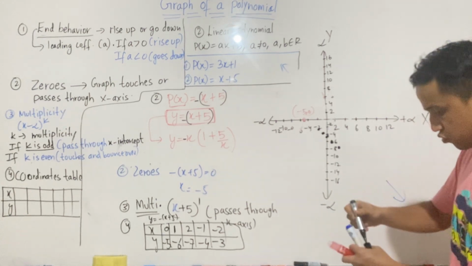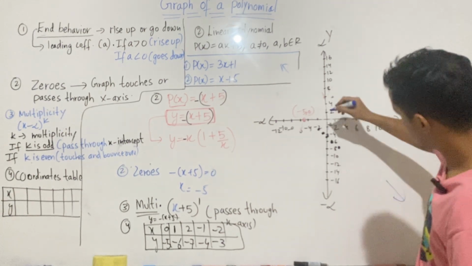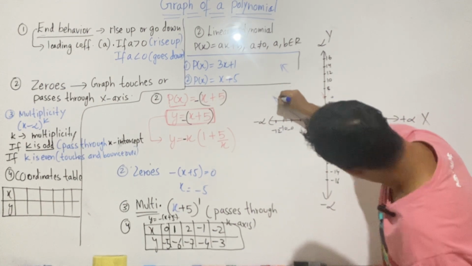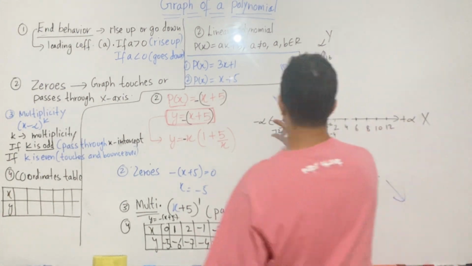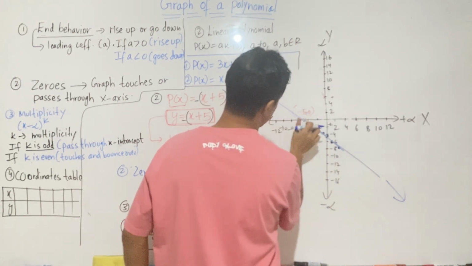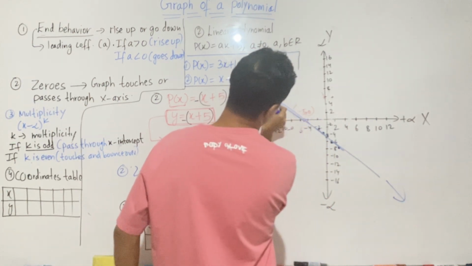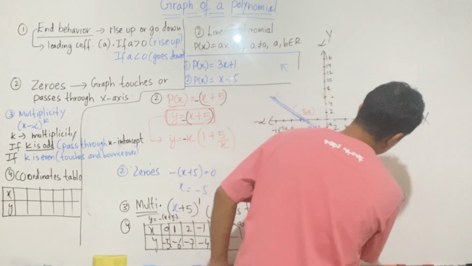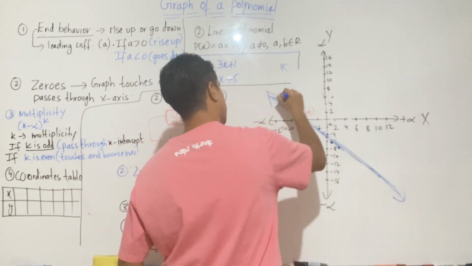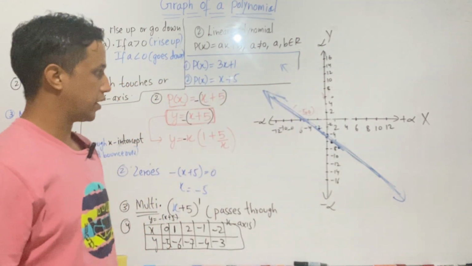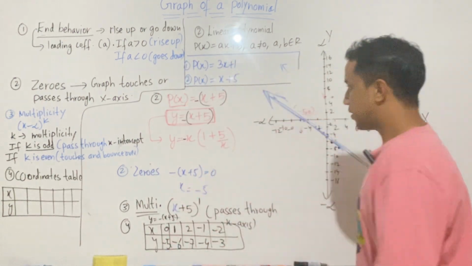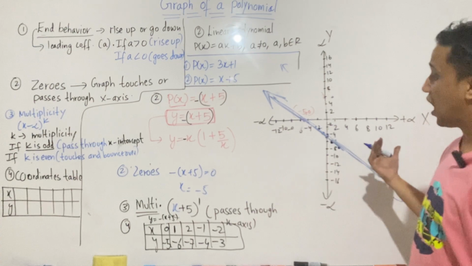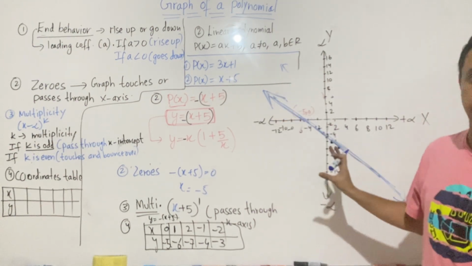Okay, so if you trace all these points, you are going to get the straight line like this. Okay, so see here, in the previous question, just by changing the sign, you can see how it has affected the behavior of the graph.